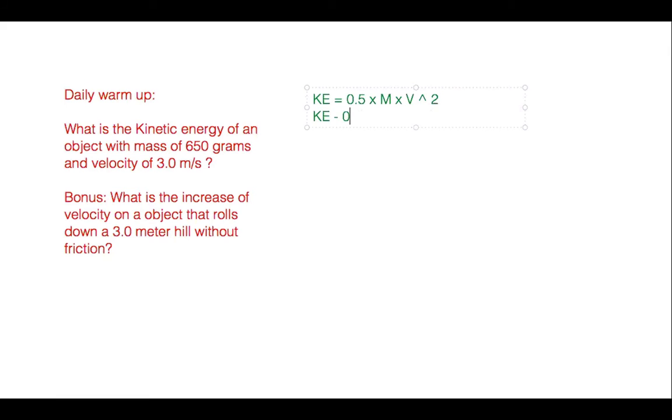When we put that in our calculators, we put in 0.5, and for the mass, you want to divide by 1,000. You can either put in 650 and divide by 1,000 at the end, or just divide by 1,000 directly, which is what I like to do. Then you do the velocity twice, and you go ahead and put that in your calculators.